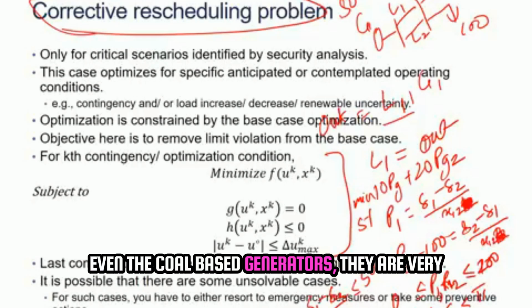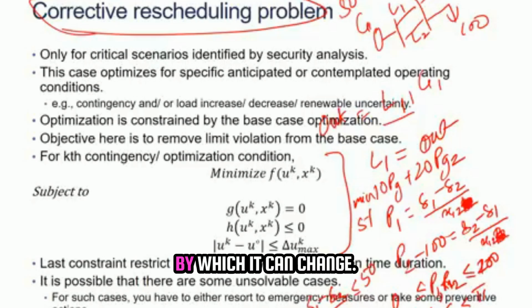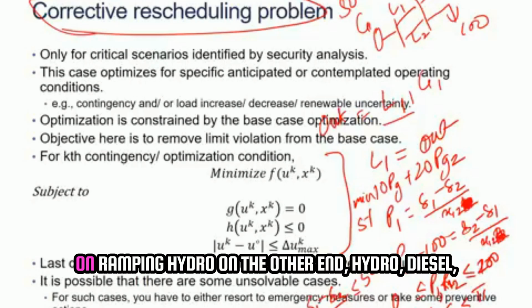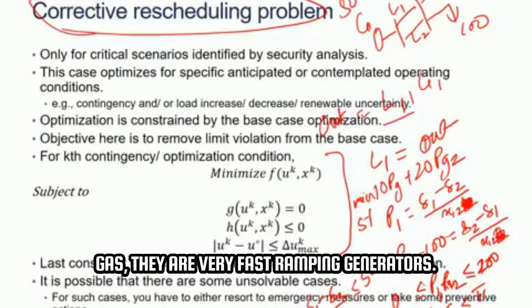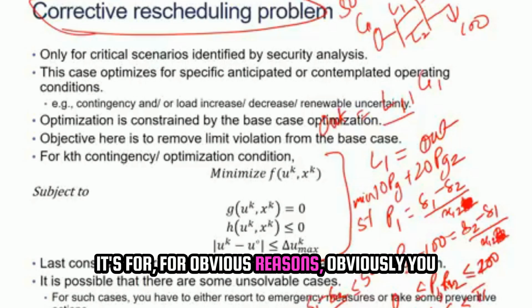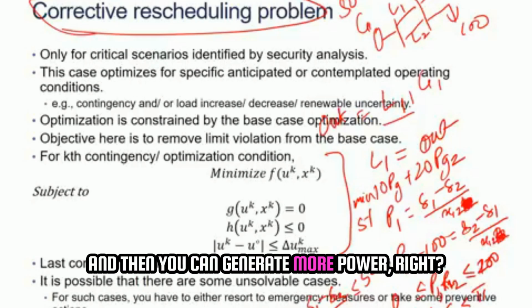Even coal-based generators are very limited by their raw material or the source by which they can change. So they are very limited on ramping. Hydro, diesel and gas, on the other hand, are very fast ramping generators, for obvious reasons. You can immediately change the turbine speed, and then you can generate more power.